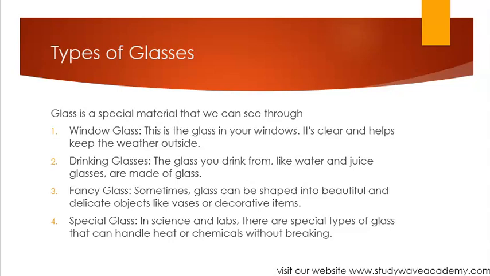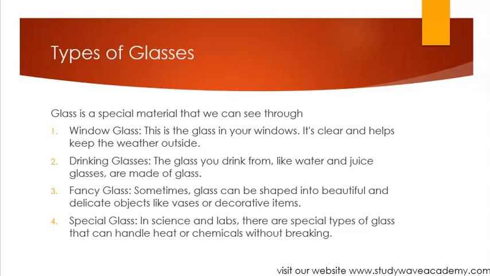In science and labs, there are special types of glass that can handle heat or chemicals without breaking. So these are the types of glasses we have: the window glass, drinking glasses, fancy glass, special glass. Okay? So we now know the types of glasses we have, right?